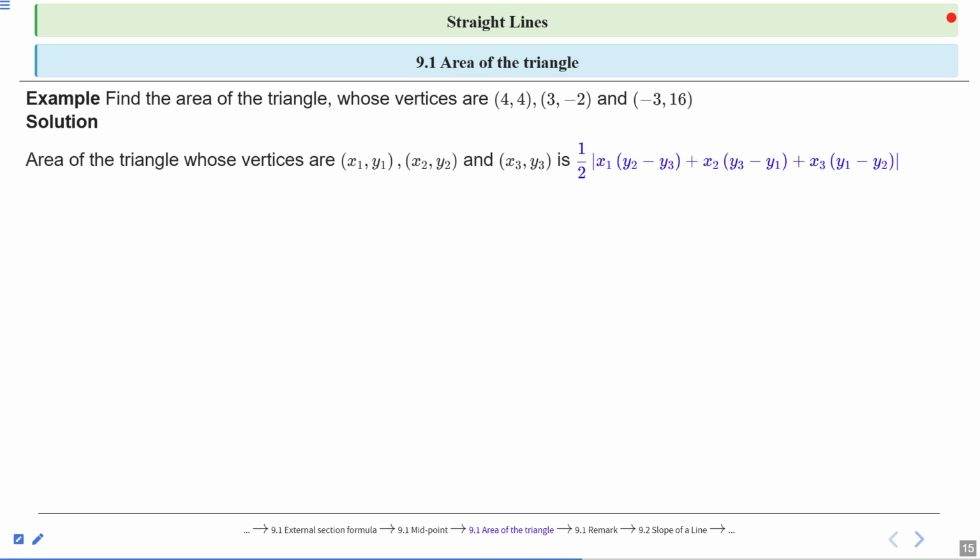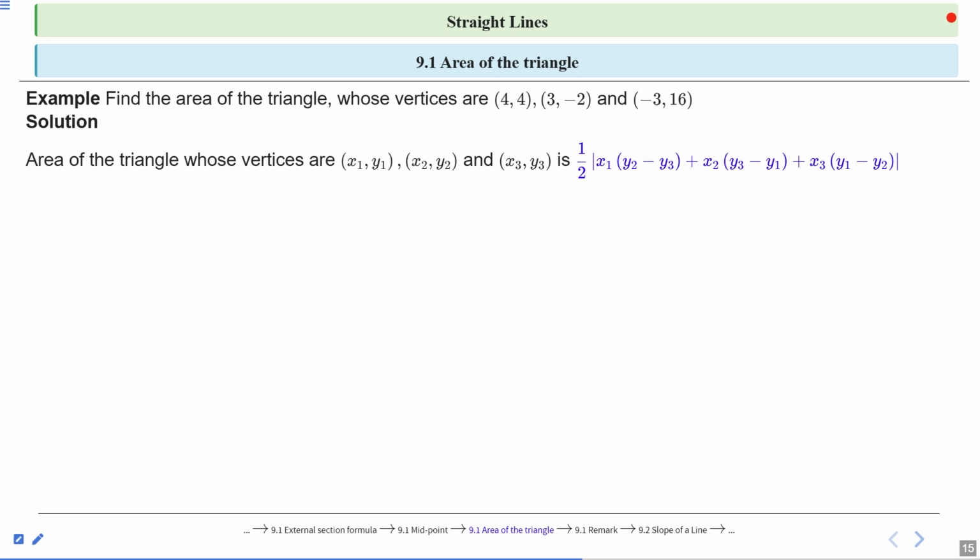The area of the triangle whose vertices are (x1, y1), (x2, y2) and (x3, y3) is 1/2 times the modulus of x1 times (y2 minus y3) plus x2 times (y3 minus y1) plus x3 times (y1 minus y2). So note this formula. We will use this formula later in the class.